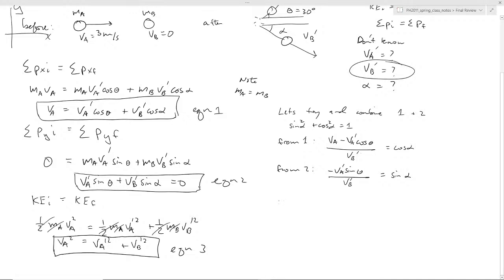So if we do that, we would have VA minus VA prime cosine theta divided by VB prime quantity squared plus negative VA prime sine theta divided by VB prime squared equals 1.